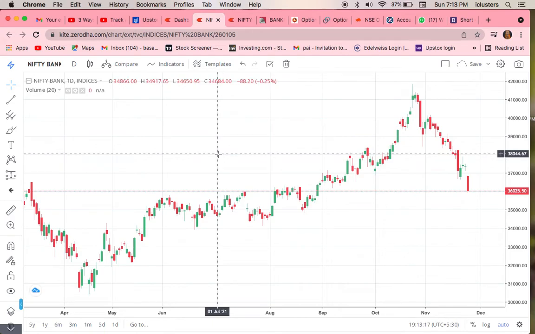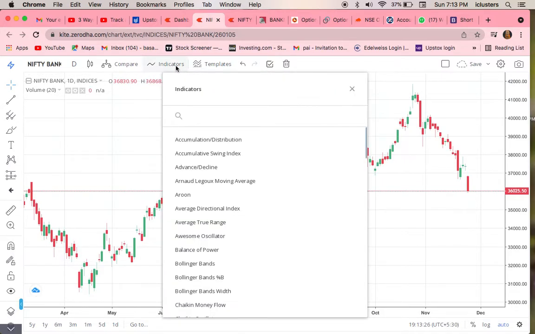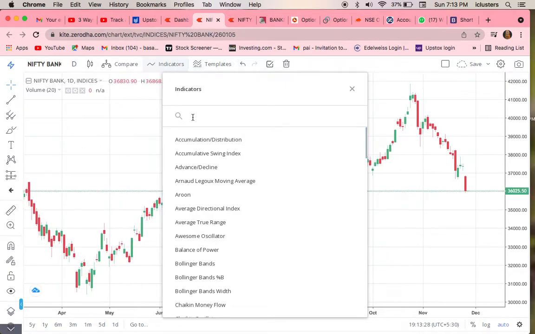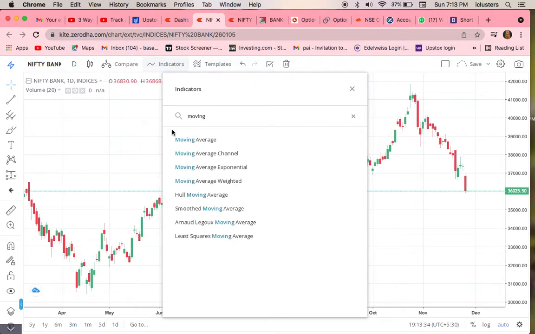Here we want to apply the moving average indicator. How to apply that? Click on indicators, and in the search bar type moving average. See, this is the moving average, the first one, and click.